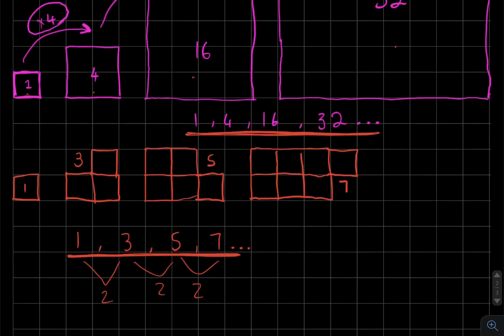But here, we're getting something completely different each time. So that's one way of thinking about geometric sequences. It's a way of taking an object and multiplying it, scaling it up a bunch of times. So that's the diagrammatic interpretation of a geometric sequence.